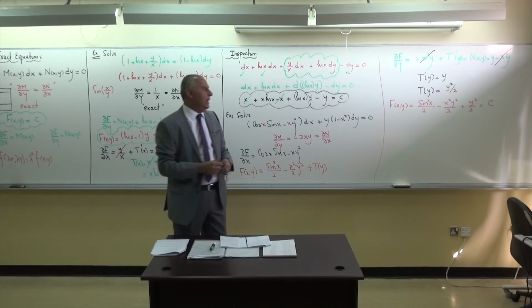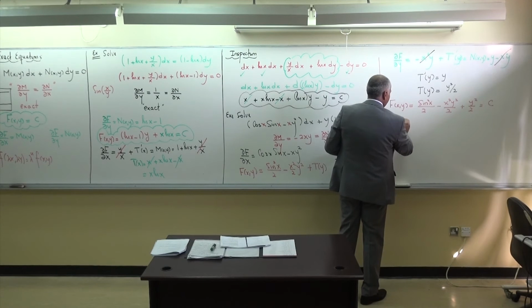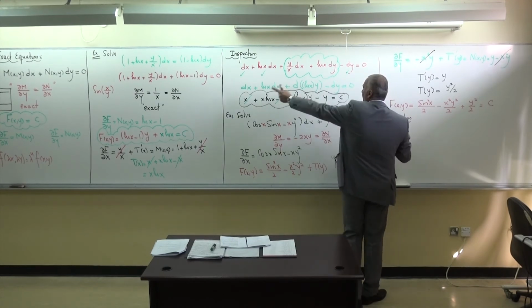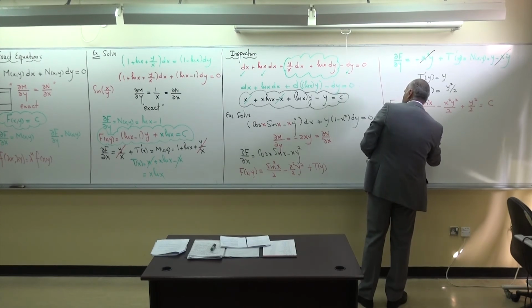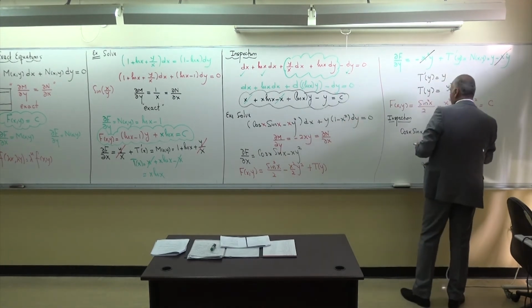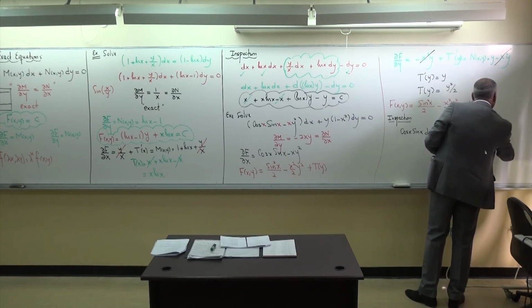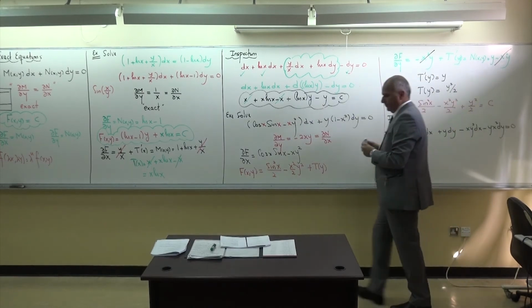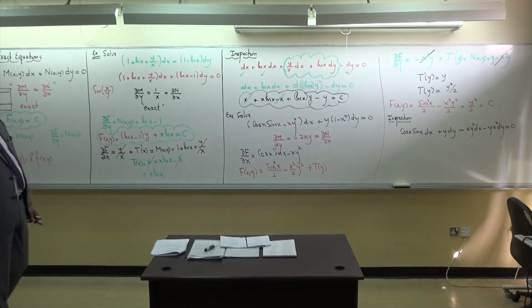طبعا هذا التمرين لو بنحله بالانسبكشن you'll see نيجي inspection. عشان again أول شيء نتخلص من الأقواس يطلع cosine x sin x dx if you don't mind plus y dy minus xy square dx minus yx square dy equals to 0. أنا بس جبت هذا اللي فيه y هالصوب.